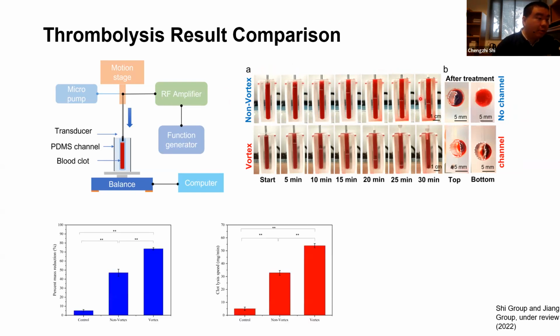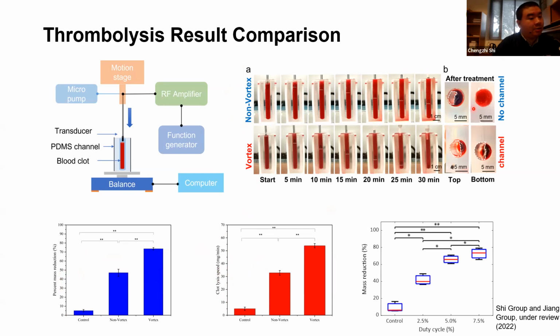So we went ahead and compared the percent mass reduction and also the clot lysis speed of these two types of ultrasound. We see that the Vortex ultrasound enhanced the mass reduction and also the clot lysis speed by nearly 65%. Okay, compared with this state-of-the-art endovascular ultrasound that was not even applied in the clinic yet.